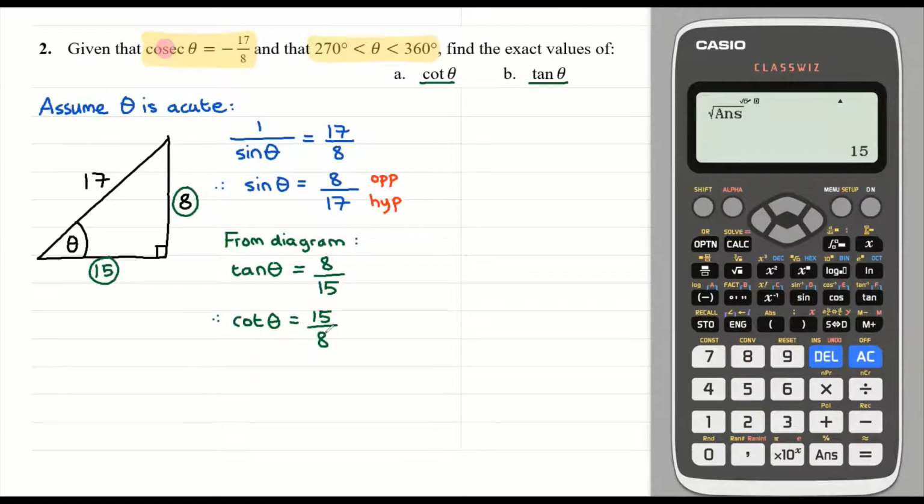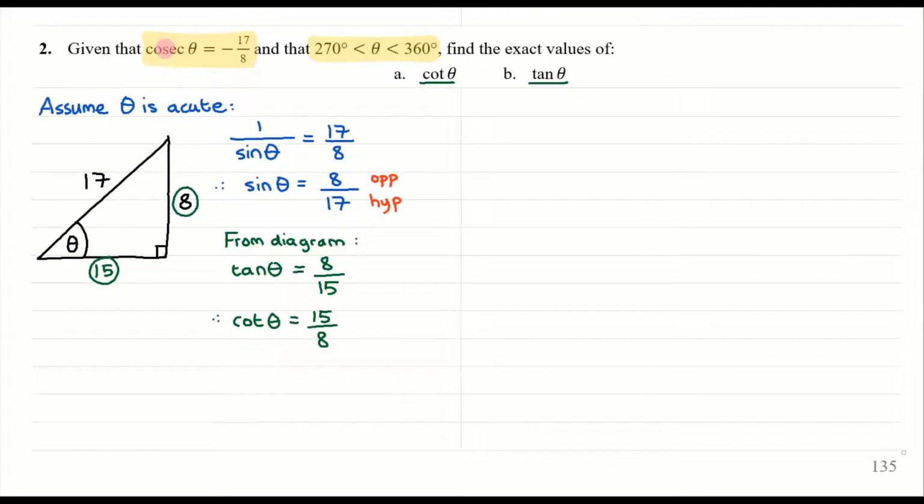Now, we just have to decide what sign the values are going to be, so we can answer the question fully. So on the right-hand side of the page, just get rid of the calculator, so we've got a bit of space. So we're going to use CAST again. For theta between 270 degrees and 360 degrees, we're going to use CAST.